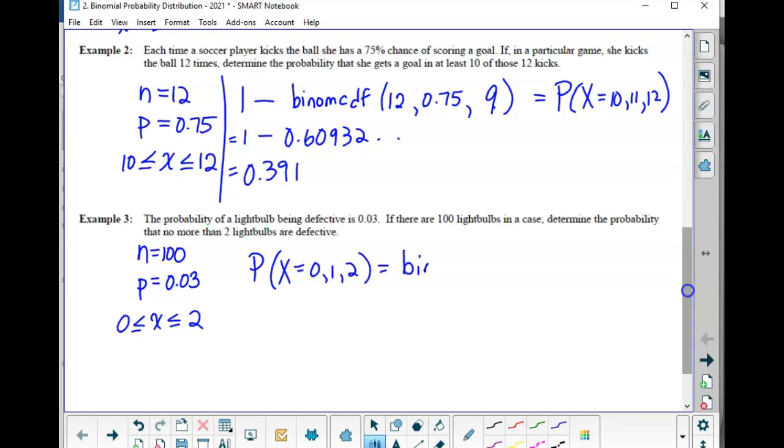So that's going to be binomCDF 100, 0.03, and then you put that maximum value 2.